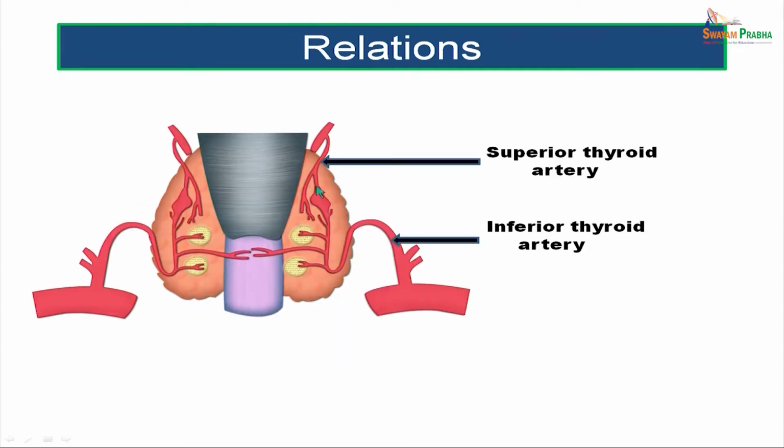You also find along the posterior border the anastomosis between the posterior branch of superior thyroid artery and the inferior thyroid artery ascending branch. So, this is the posterior descending branch of superior thyroid, this is the ascending branch of inferior thyroid. They anastomose along the posterior border, and this is the parathyroid.